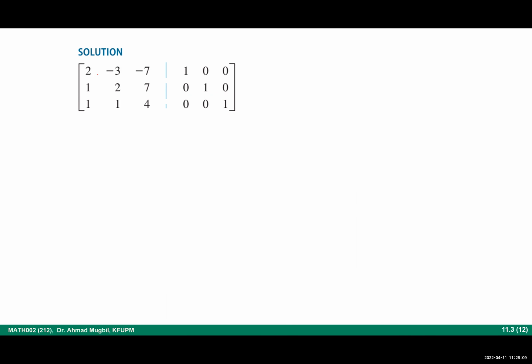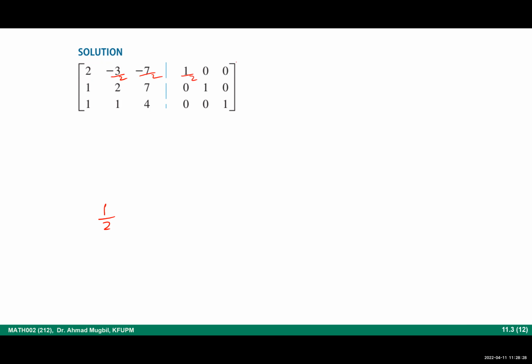Unfortunately, we don't have 1 here. The first entry in the first row is not 1. Someone of you may say we multiply by half. It is, in fact, a very bad idea, because you will bring in fractions.